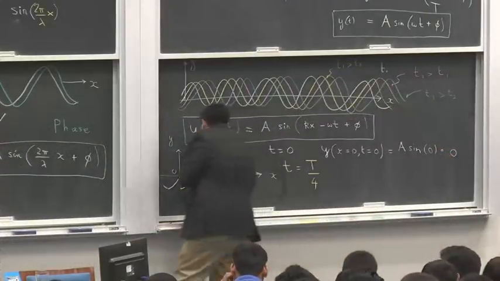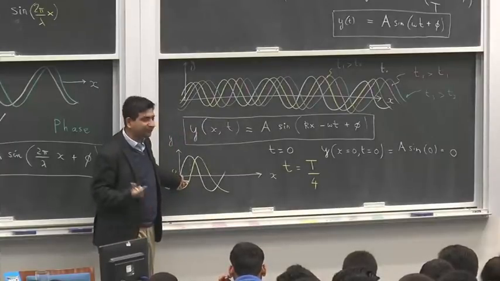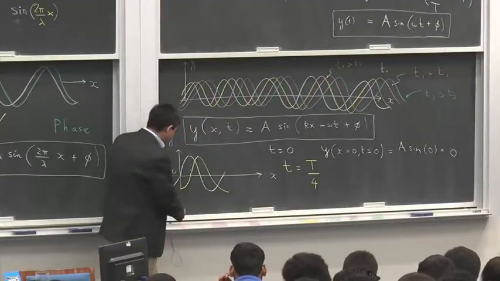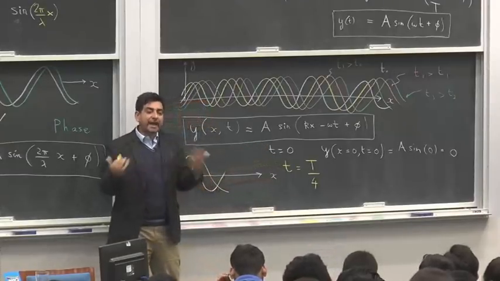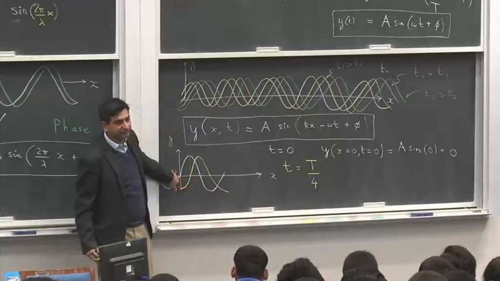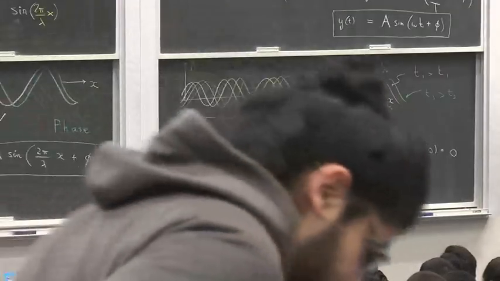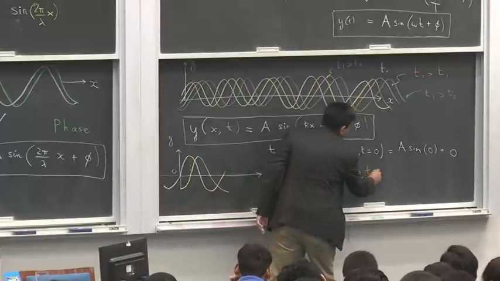So the value of the disturbance at time t equals 0, x equals 0 is 0. Now let's look at the yellow wave after a time capital T over 4 has lapsed. Let's look at the value of the disturbance at x equals 0.